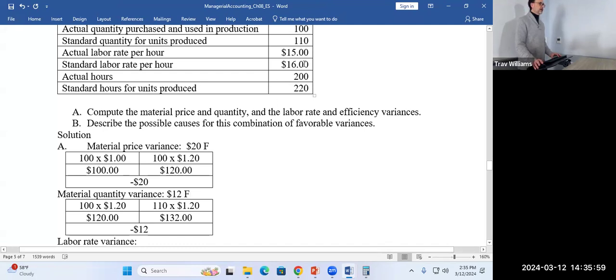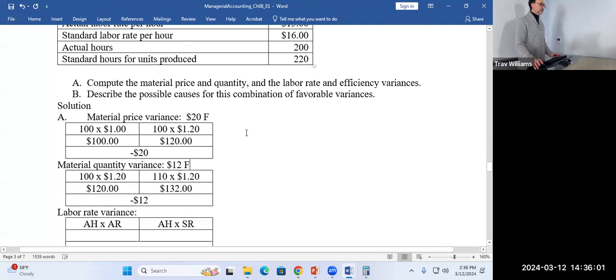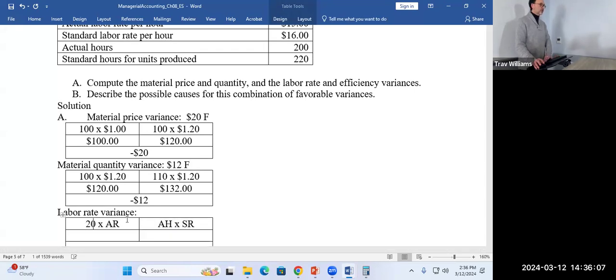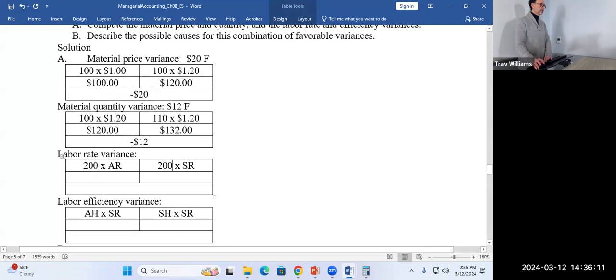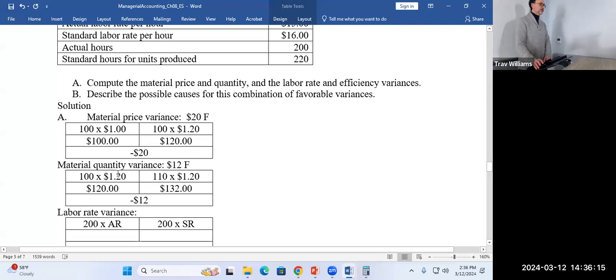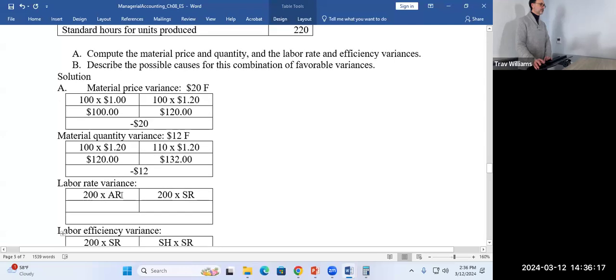Then we go down to our labor, okay? Actual hours is 200. Again, it goes in 3 different places. Actual rate is $15. Standard rate is $16.